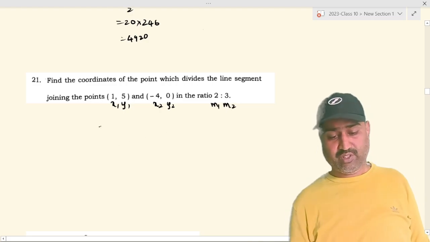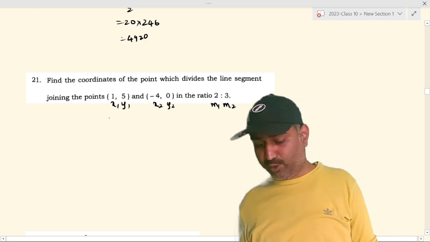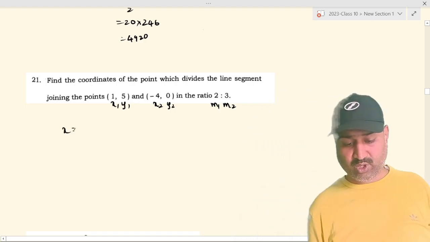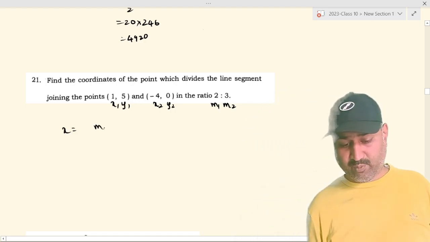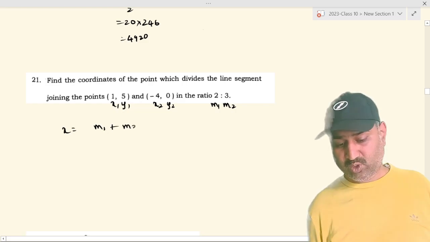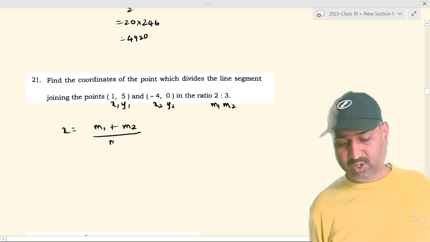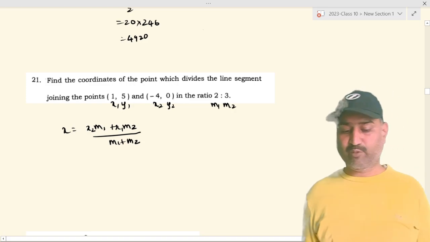Now the formula is x is equal to m1 x2 plus m2 x1 divided by m1 plus m2. I'll multiply x2 here, and x1 here. A very simple formula.